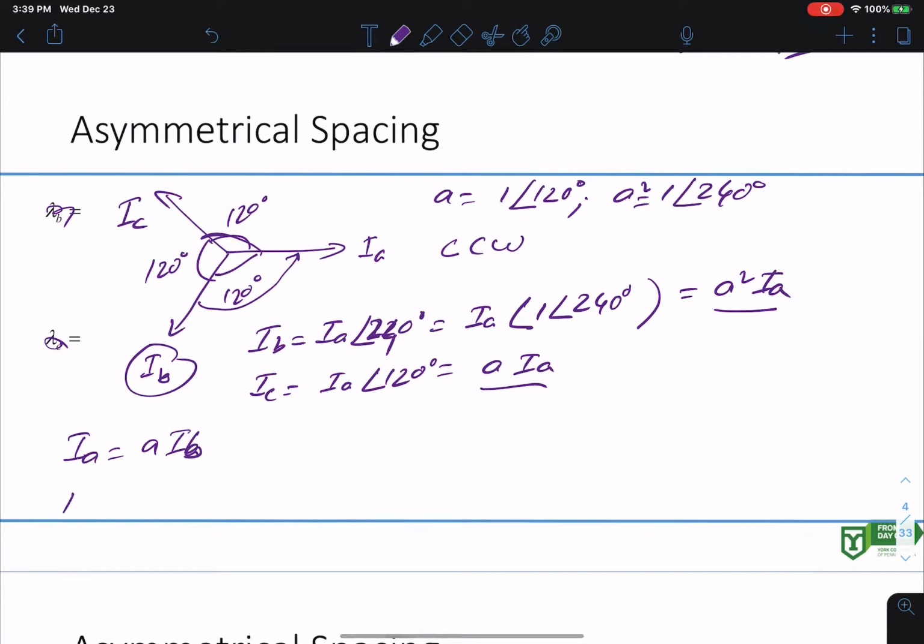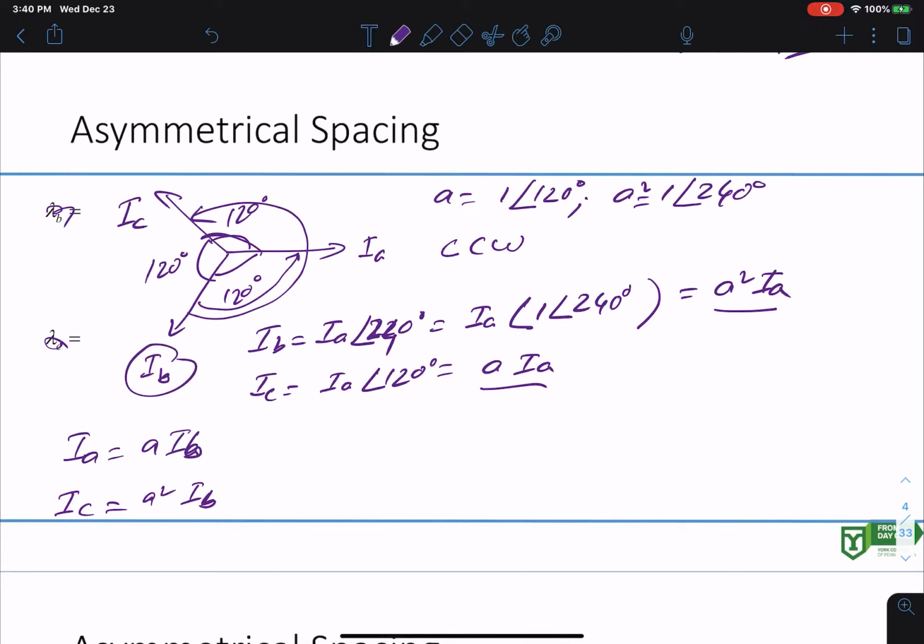Then your IC with respect to IB, from here to here, you have 240 degrees. So that would be a squared IB. So here everything is converted into IB.